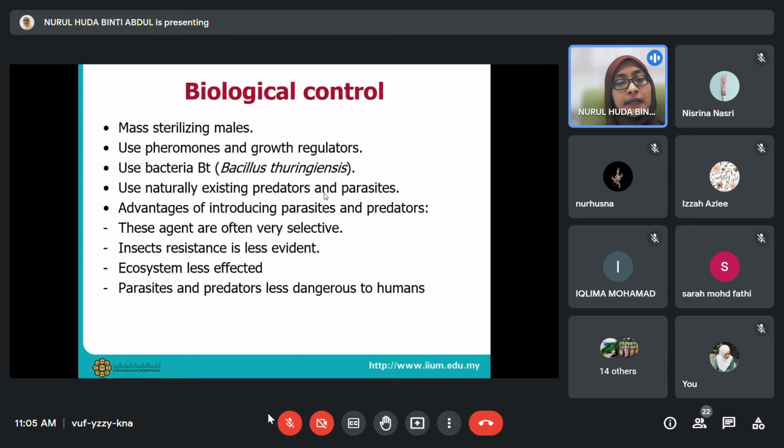So usually the resistance is less evident, and the ecosystem is also less affected because, as I said, the biocontrol agent is natural, even though you may mass rear it. And then it's also less dangerous to humans, same as before, because it is selective. So usually parasites won't influence or endanger our human health.